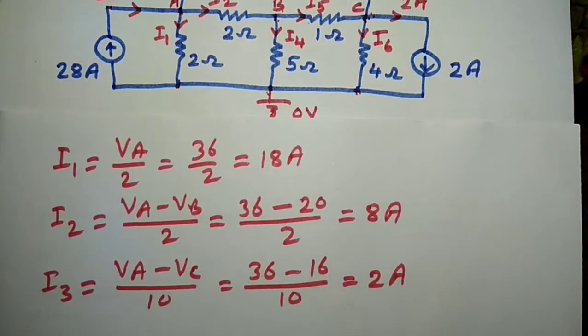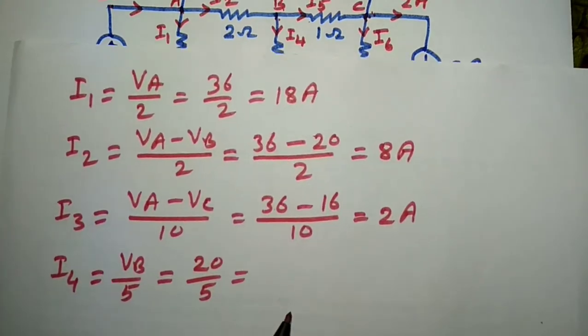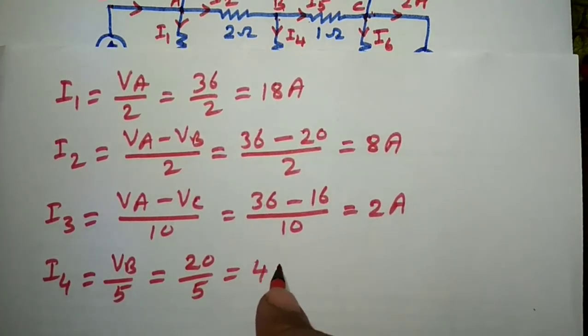I4 is VB by 5, VB is 20 upon 5, that is 4 ampere.